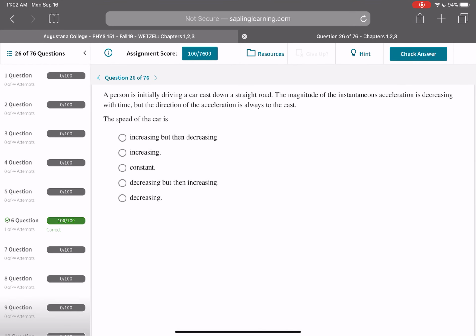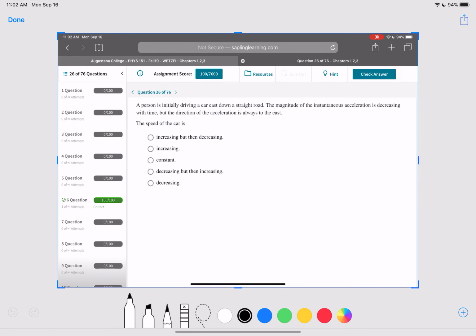All right, and then we've got the question again, but the car's driving to the east. The magnitude of acceleration is decreasing with time, but the direction of the acceleration is always to the east. So even though the car is driving to the east, the acceleration is to the east, so it's going to be speeding up because the acceleration is in that direction. Even though the acceleration is getting smaller and smaller, it's still speeding up.